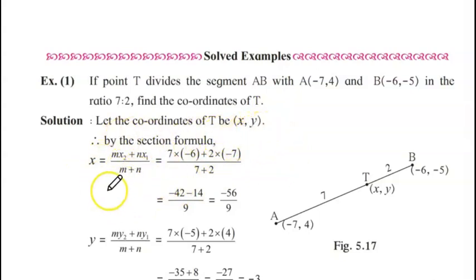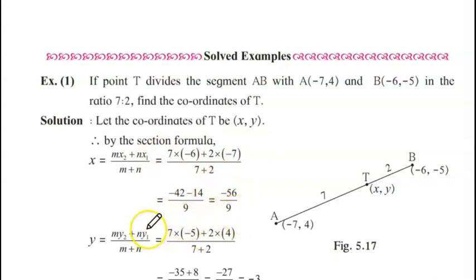By the section formula, x = (mx2 + nx1)/(m + n). Substitute the values of m, n, x2 and x1. Then you will get (7 into -6 + 2 into -7)/(7 + 2). The multiplication is -42 - 14 upon 9, which is -56/9.